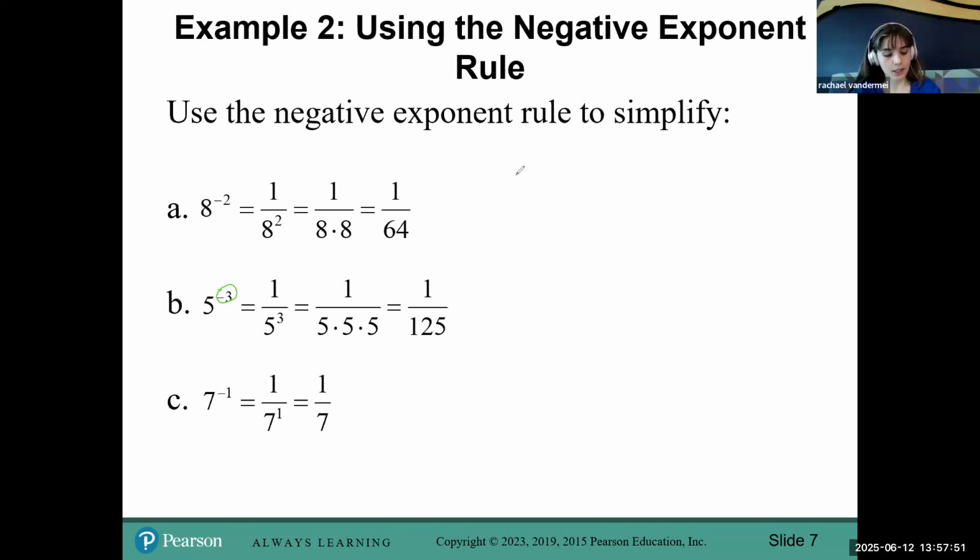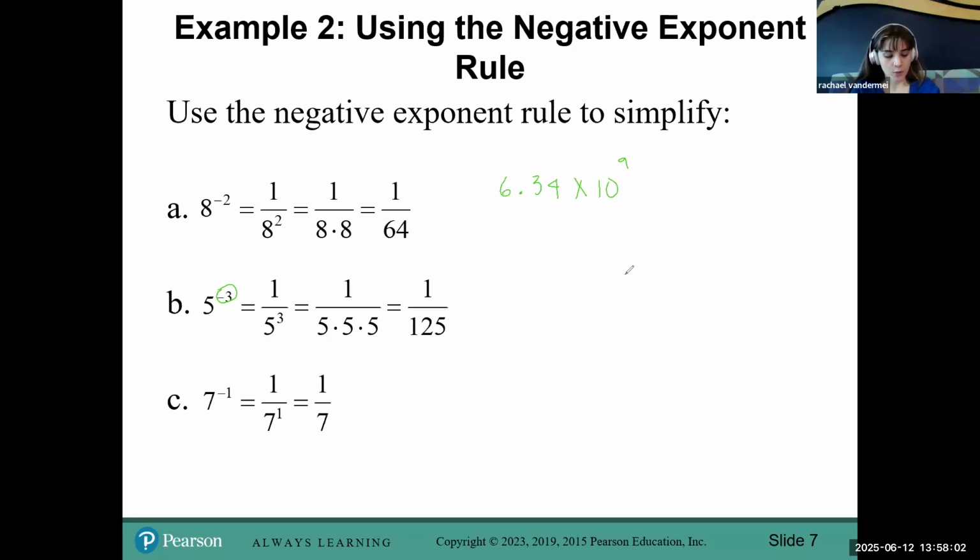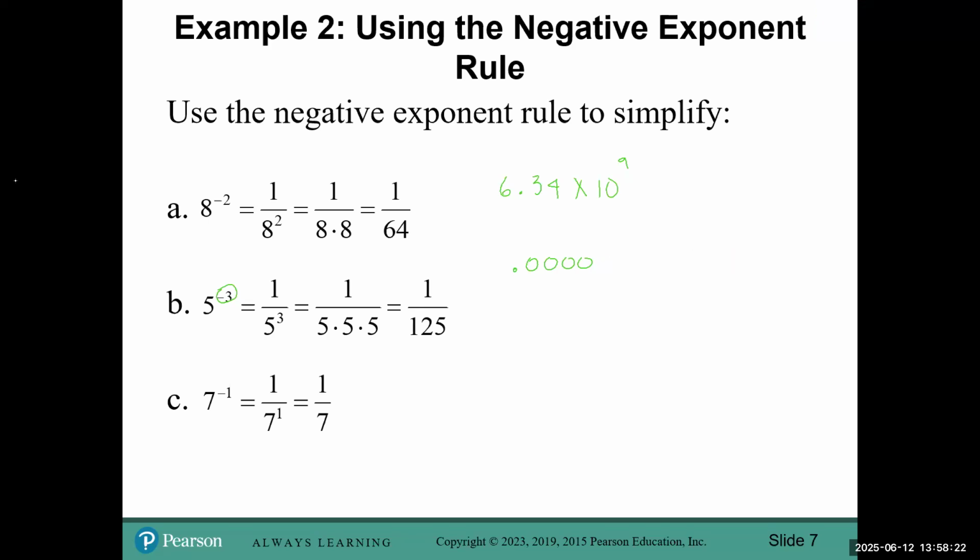Yeah, it's 6.34 times 10 to the ninth, and then it's what is it in decimal form? And so when I did it, I started at the decimal point and then I counted 9 places, but I added an extra zero. I think the answer was 6,340,000 or something. I went backwards. What am I doing here?